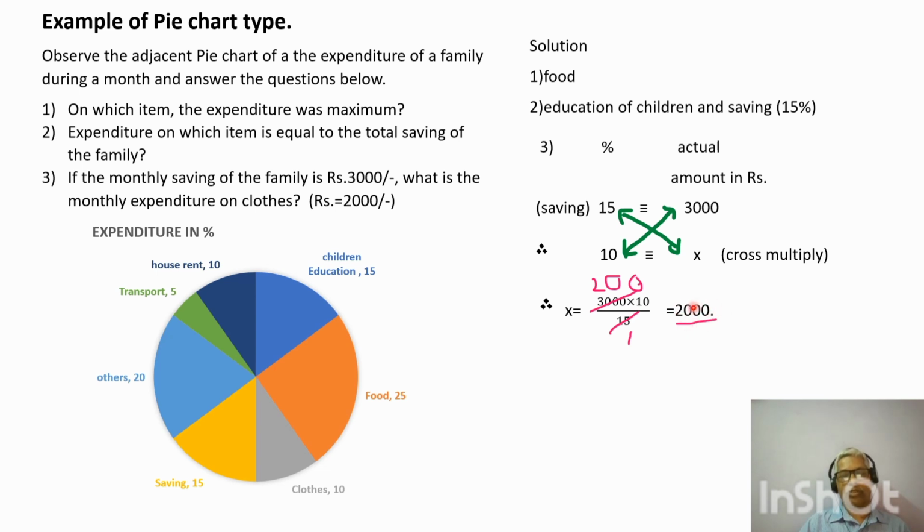You have to answer it like this: rupees 2000. The total monthly saving is 3000, then the expenditure on clothes is 2000. So that will finish off your pie chart example.